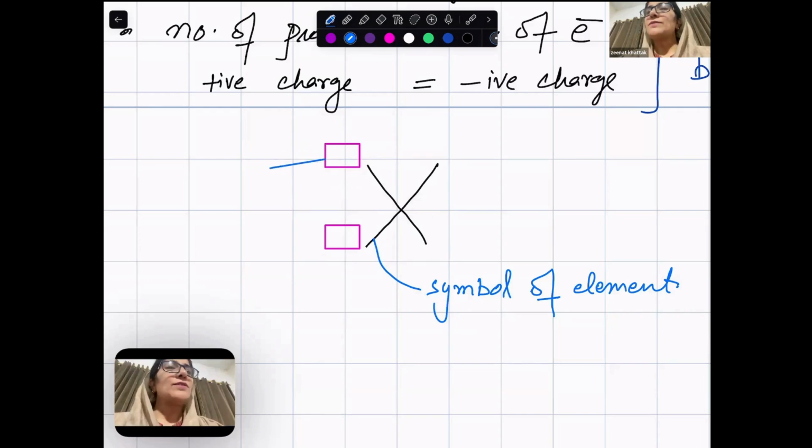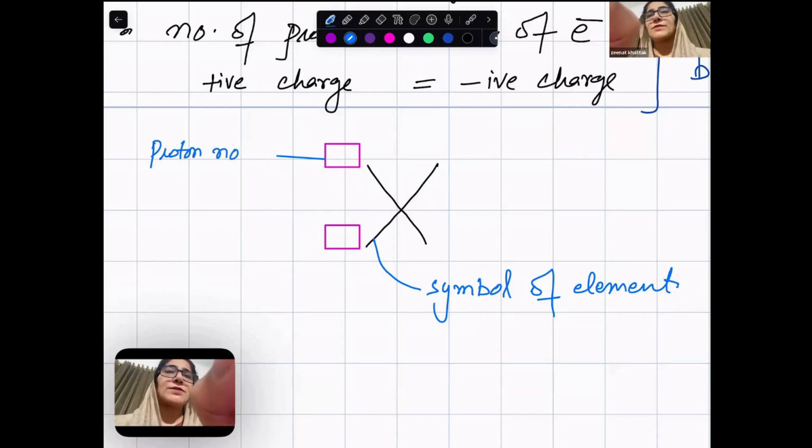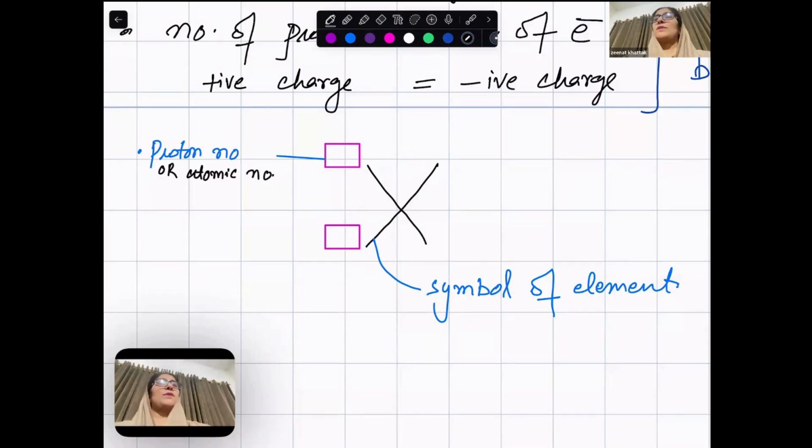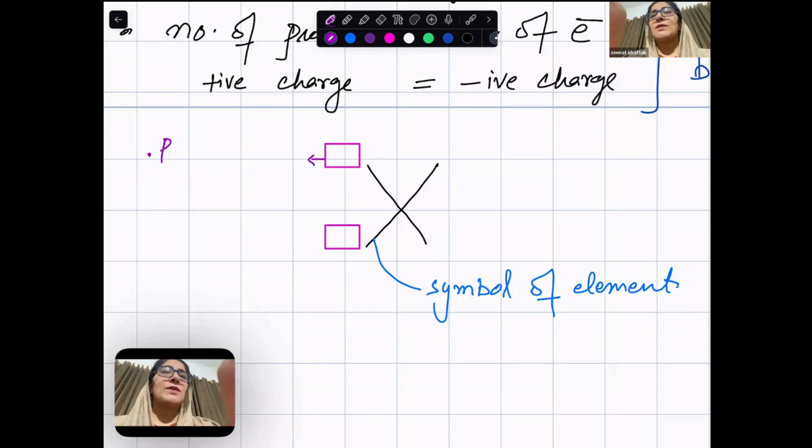This number is the proton number, or atomic number.